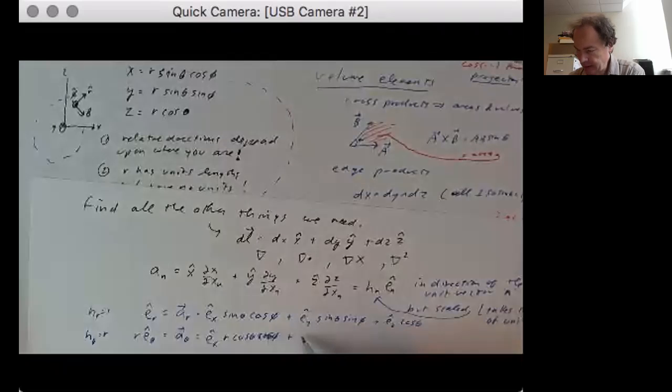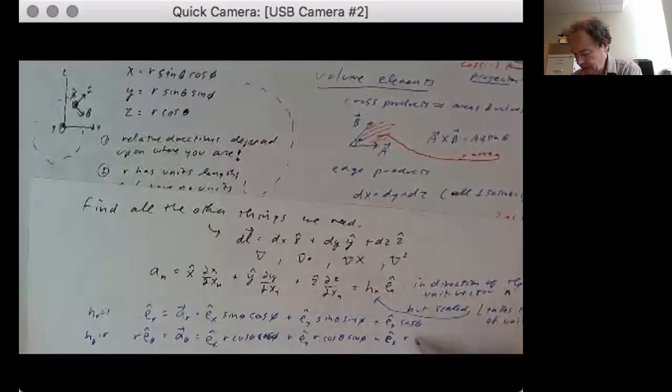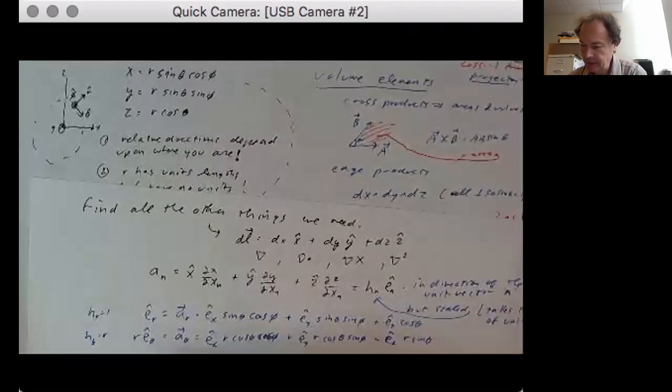Plus e_y r cosine theta sine phi, minus, I guess it should be z hat r sine theta. And over here, we've got r sine theta e_phi hat.